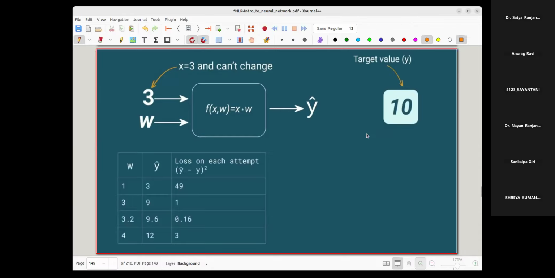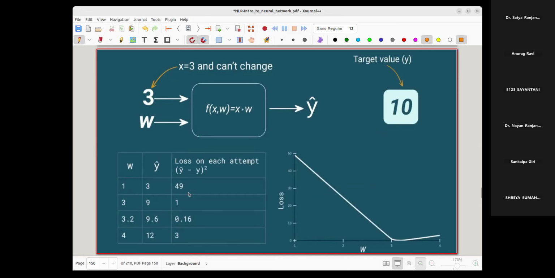We have already done this manually: we tried a bunch of values, and for 3.2 we got the minimum loss. If we plot W against loss, W is on the x-axis and loss is on the y-axis.